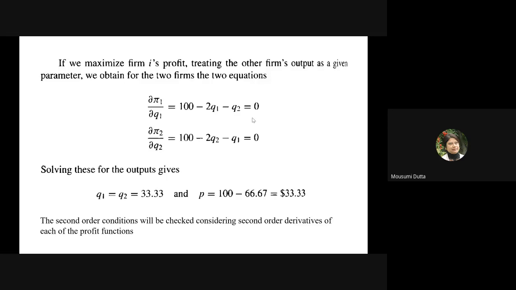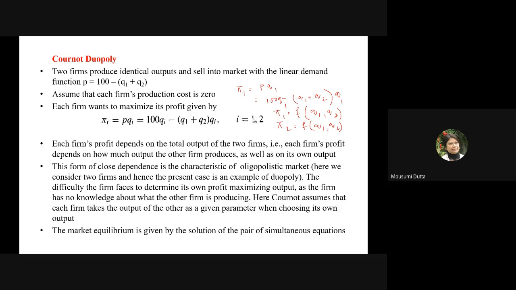So you have to use the price equation given there. Putting the two output levels in the price equation, which was 100 minus (Q1 plus Q2), so putting Q1 star and Q2 star there, you will be able to find out P star.